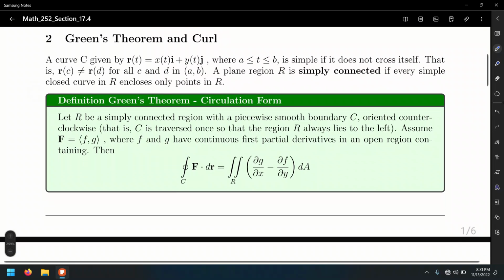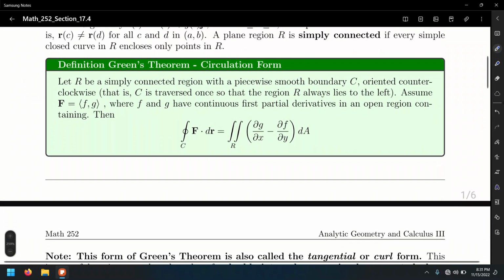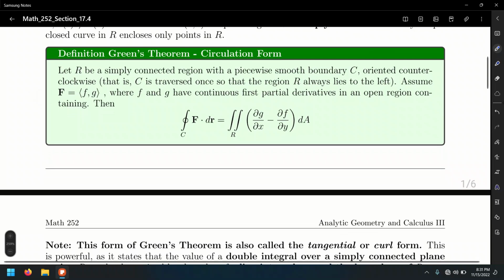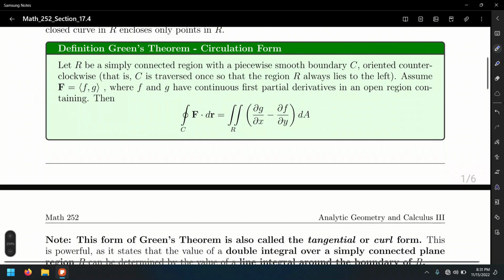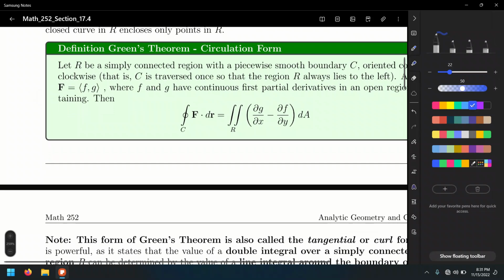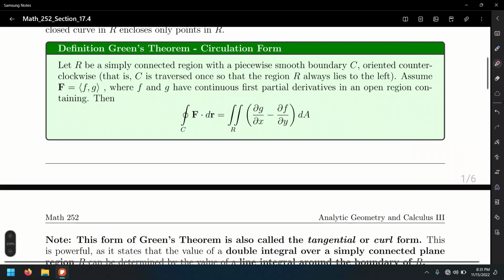Green's theorem tells us that if R is a simply connected region with a piecewise smooth boundary C, and we traverse it counterclockwise, this is very important. The region we're going to go about has to be oriented counterclockwise. All right? That is, C is traversed once so that the region R always lies to the left.